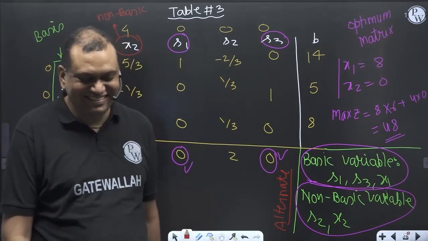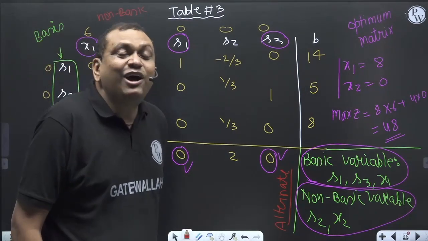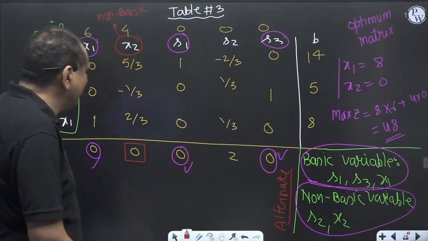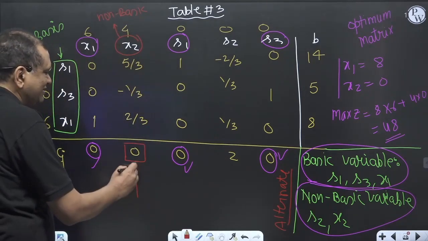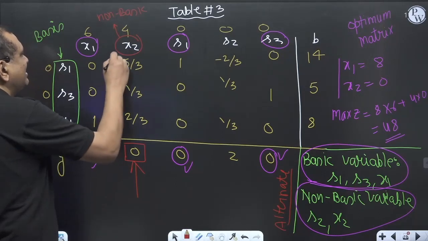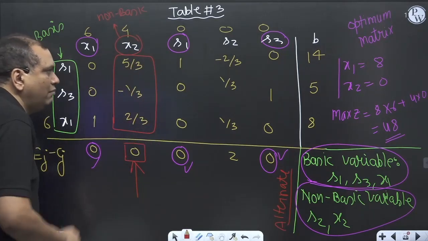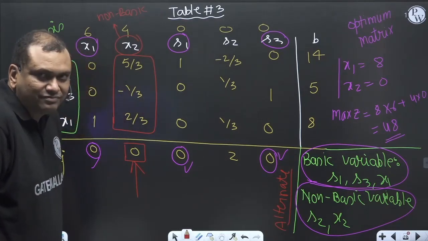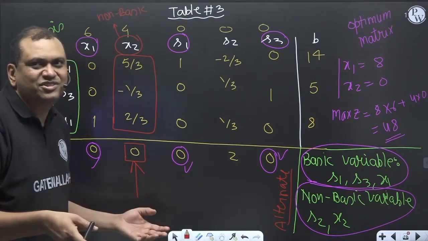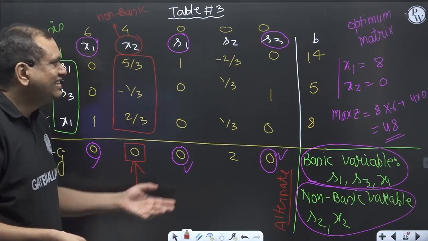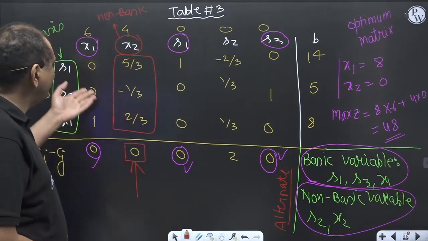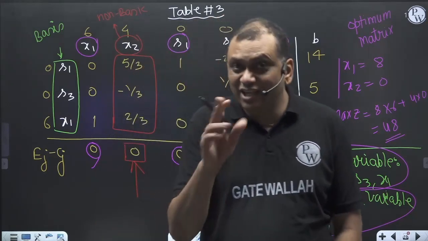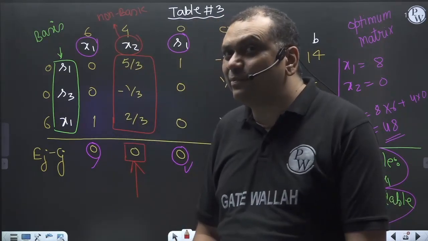Now, how to find out the alternate solution? Select that 0, select that column, and do exactly the same procedure. Calculate theta minimum. If you do it, you will get the second point.